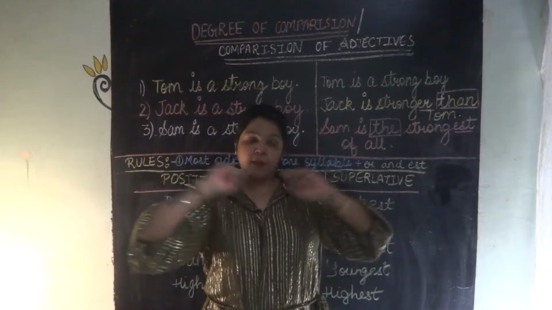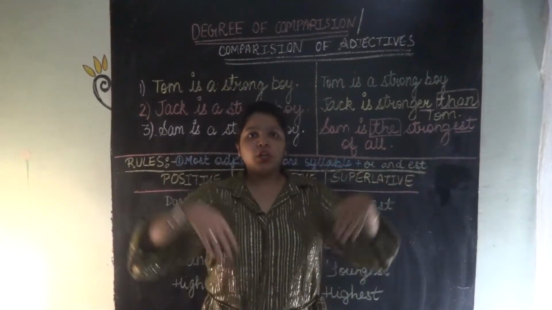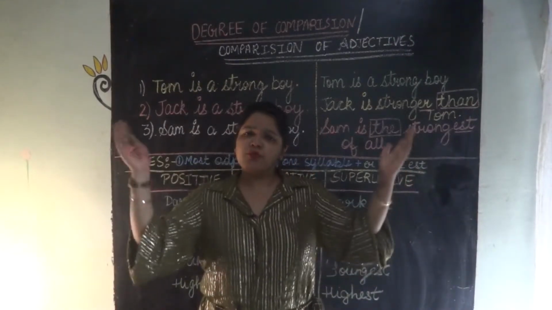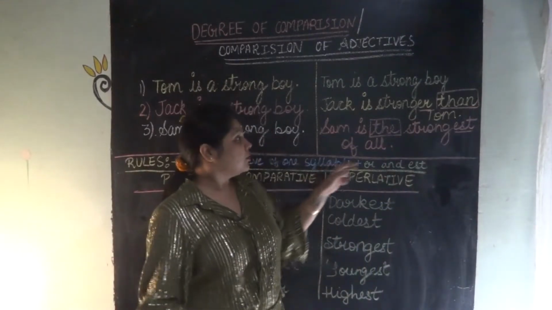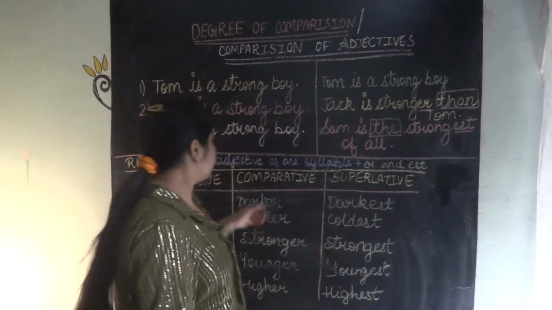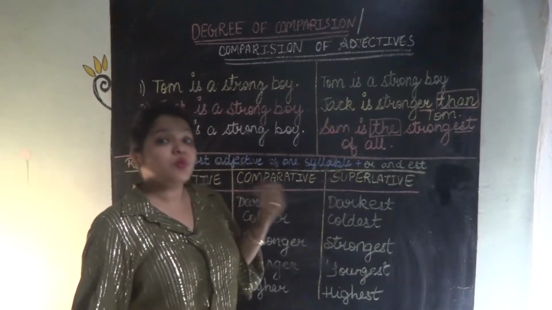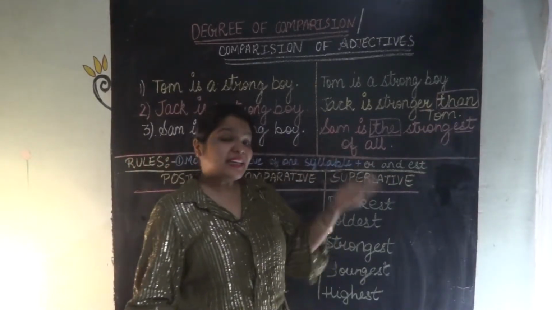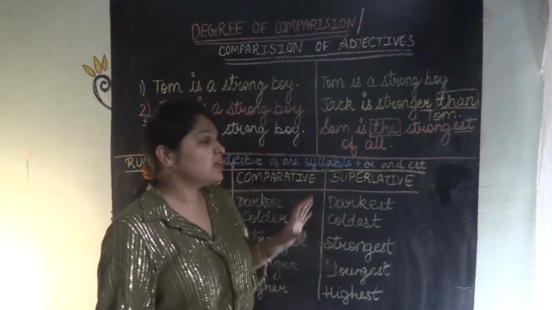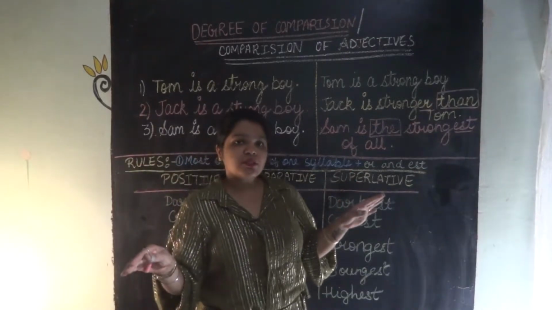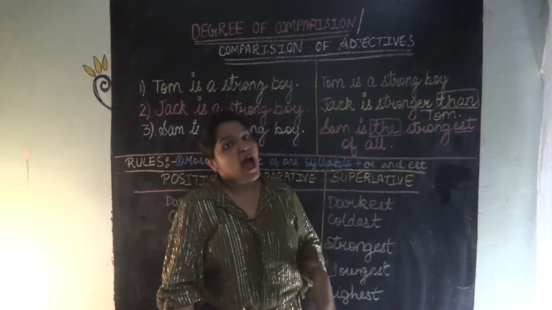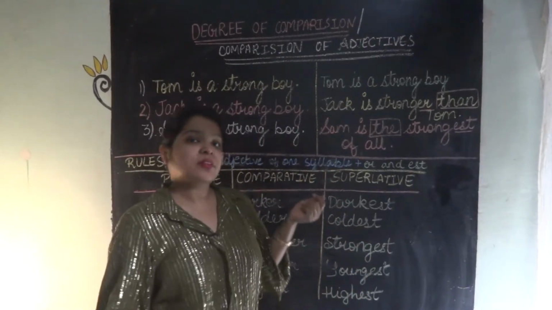If one thing is compared with everyone in the whole class or in the whole world, then we use the superlative degree. Okay? So there are some rules for where to add ER and where to add EST, and in which word. No need to learn these rules by heart. I am giving you some rules, just understand them, and like this you will be able to solve the questions.